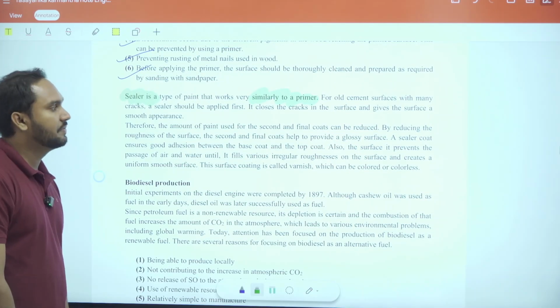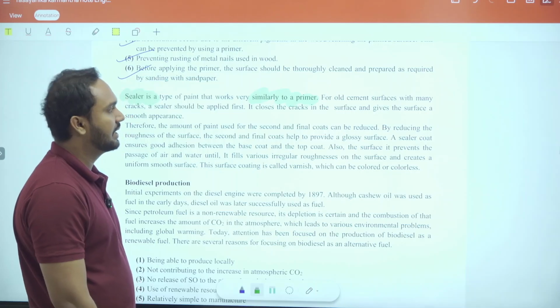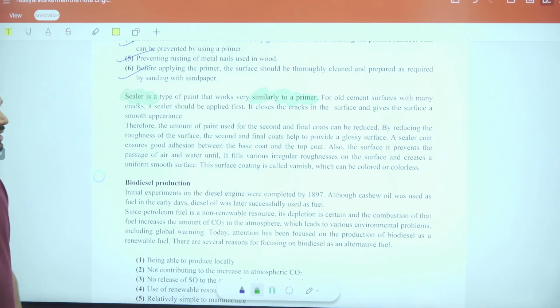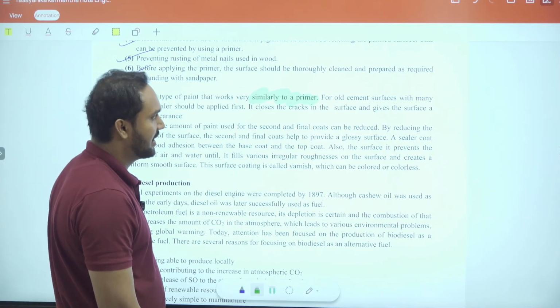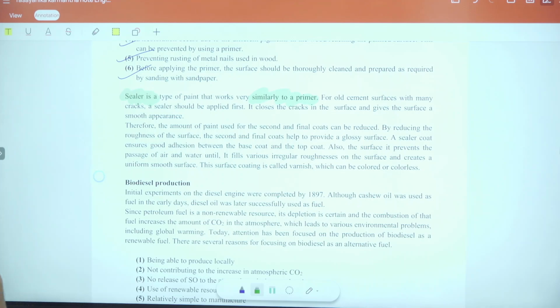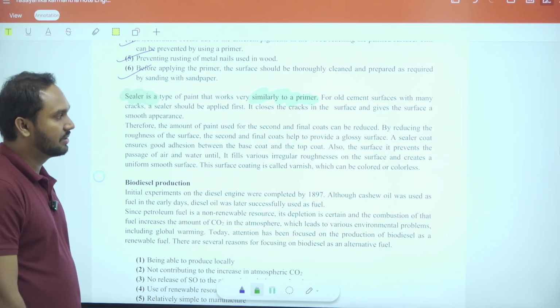Therefore, the amount of paint used for the second and final coat can be reduced. By reducing the roughness of the surface, the second and final coat helps to provide a glossy surface. A sealer coat ensures good adhesion between the base coat and the top coat.